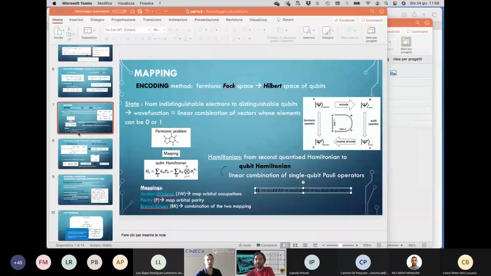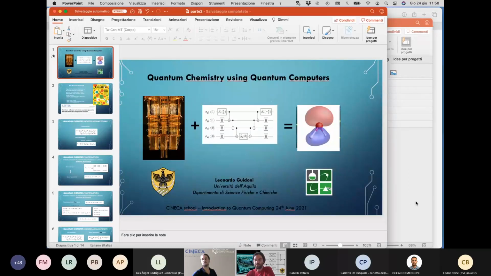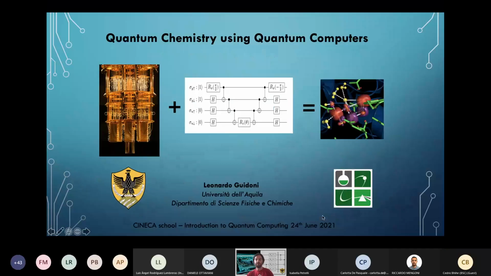Okay, I can share my screen directly. Okay, so I would like to give a short introduction to how to use quantum computers to calculate quantum chemistry problems.